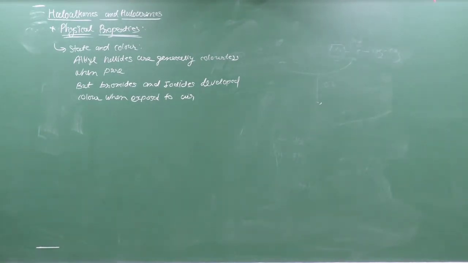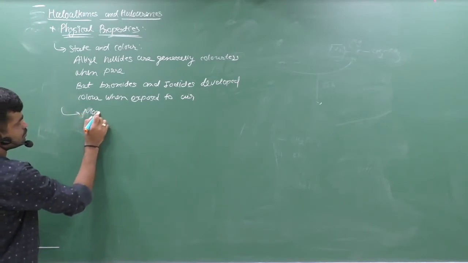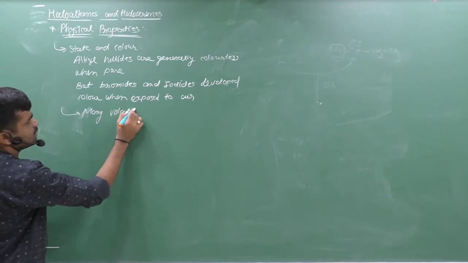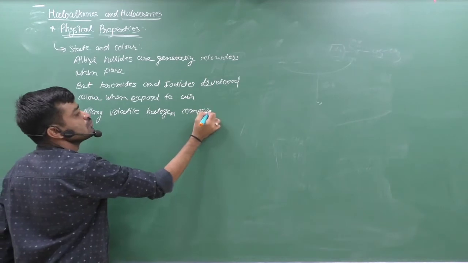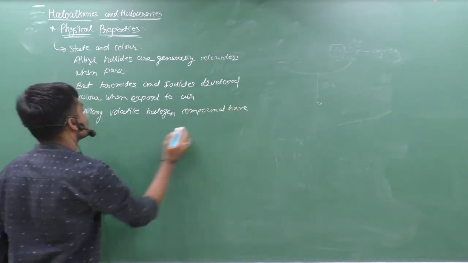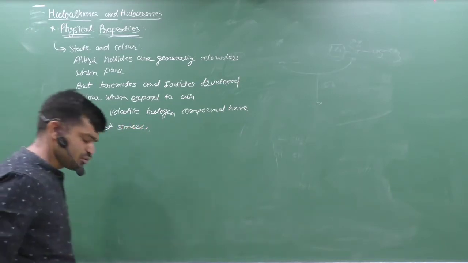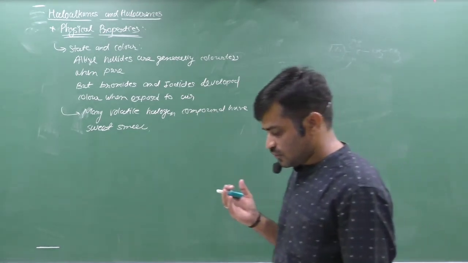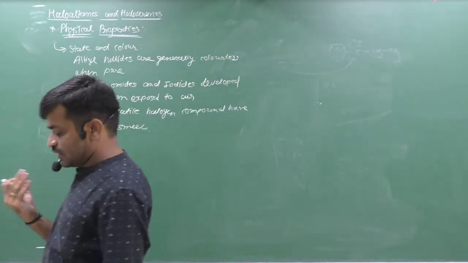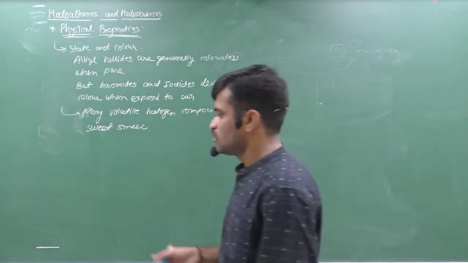Clear? And second point, many volatile halogen compounds have a sweet, pleasant smell. Clear? So many organic compounds which contain a halogen are volatile and have a sweet smell, like CCl4, chloroform or whatever.